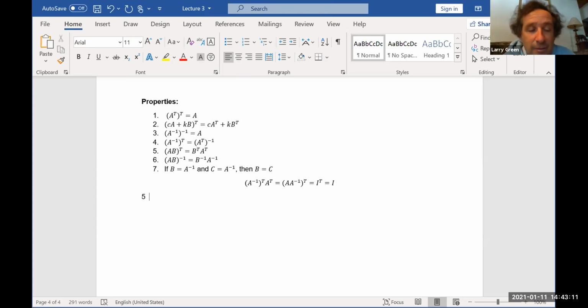There we go. For number 5, how about that way? Good. Notice that AB is the dot product of the ith row with the jth column.